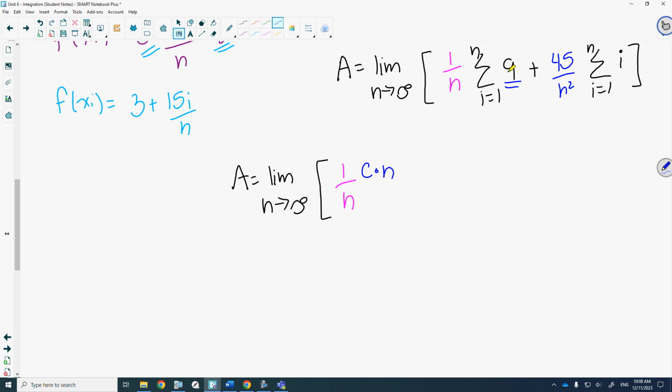Now, my constant is 9, so C is equal to 9. Plus, I've got 45 over n squared. And I'm going to replace I with my formula for sum of consecutive integers. And that formula is n times n plus 1 all over 2.